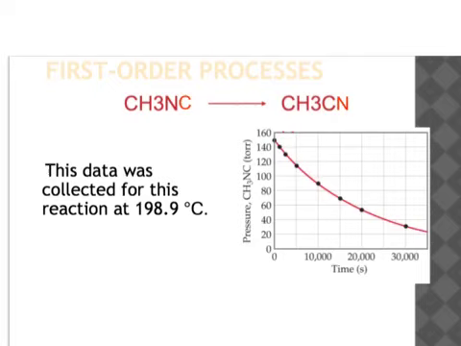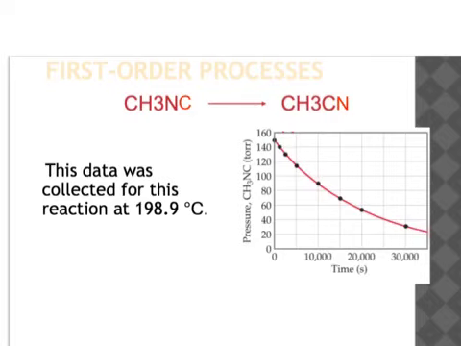Since we're looking at gases, we are going to graph the pressure of the reactant over time. And this is a typical curve. As the reaction progresses over time, the pressure decreases and decreases as the reactant gets consumed and more product is produced.